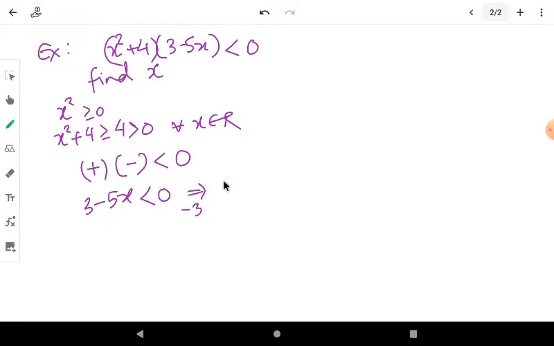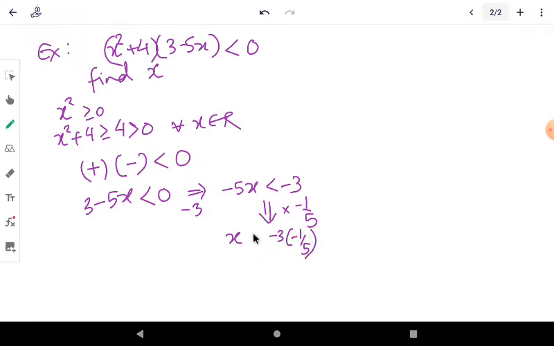Subtracting 3 from both sides of the inequality, we will get minus 5x less than minus 3, and then multiplying by what? In order to get x, we will multiply by minus 1 by 5 on both sides.